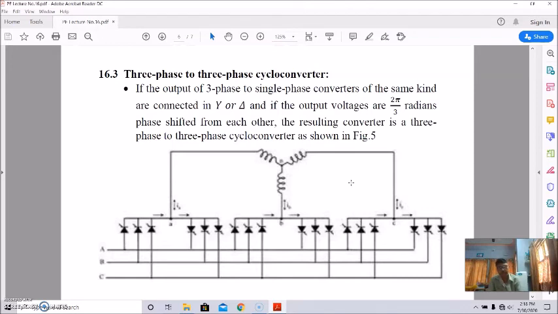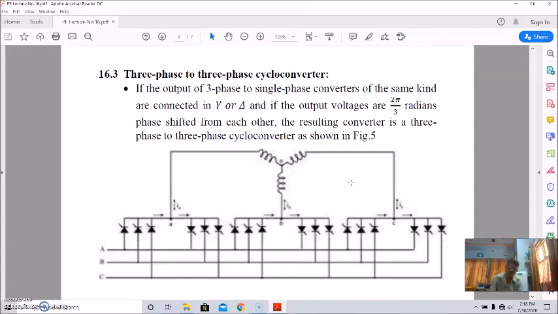These are all discussed. We have also discussed a few numericals to get some idea. With this we can conclude the discussions on cycloconverters.